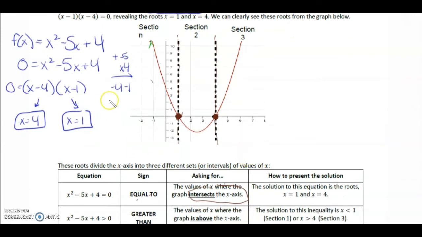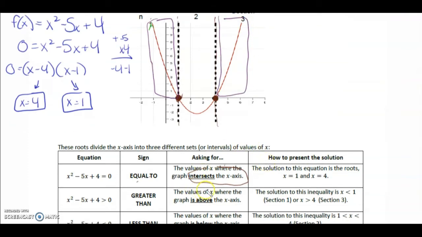Okay, if we're thinking about when f of x is greater than 0, what we're thinking about are any values above the x-axis. In this case, it would be from negative infinity to 1, and then from 4 to infinity.